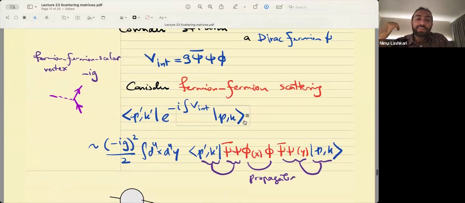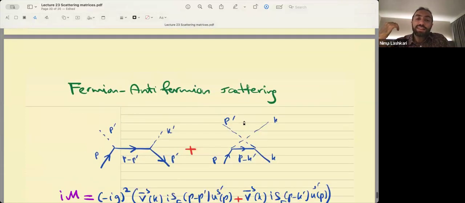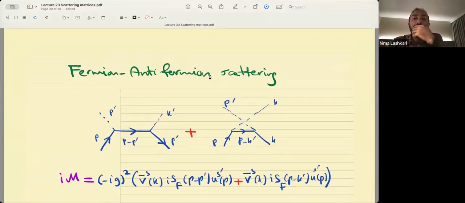Now, another thing that's interesting is that you could have a fermion anti-fermion scattering, right? Within the same theory, when you insert ψ bar φ ψ, this is your φ. You just look at the flow of the charge, right? That's what the flow of charge is.